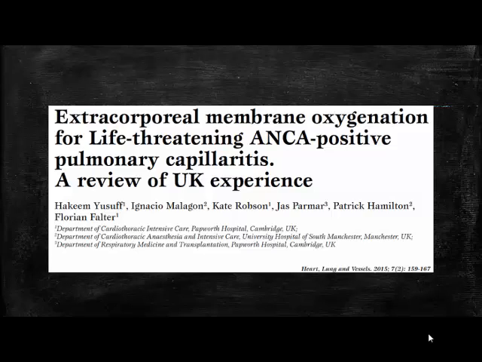Those were young patients in their early 20s, and they had severe DAH to the limit that they were very hypoxic and weren't able to control them on the mechanical ventilator. The rationale behind the use of ECMO was to give some time for the immunosuppression to kick in. That's why they did ECMO, and both patients did well. One was after 2 days, is when they considered ECMO. The other one after 12 days.